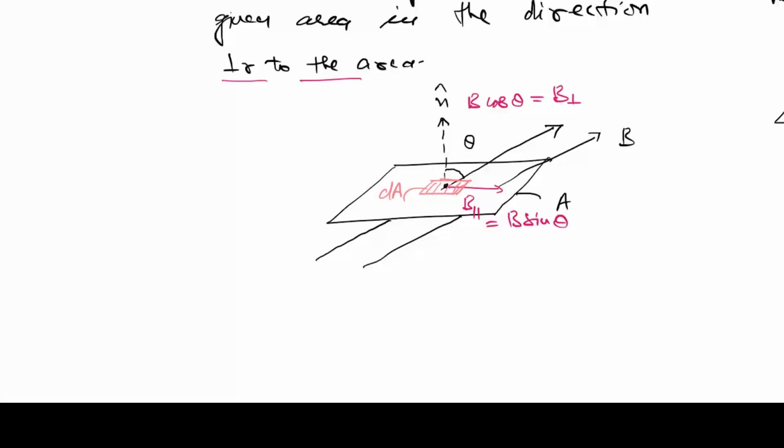So the small amount of magnetic flux, represented by d phi B, B meaning magnetic field, that is passing through this area is given by the product of the component of the magnetic field along the normal, that is B cos theta, the perpendicular component, times the area you are considering.